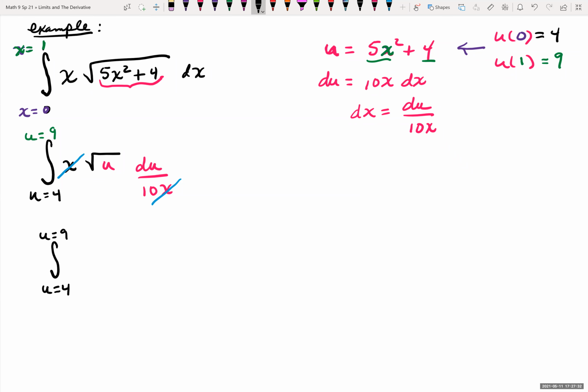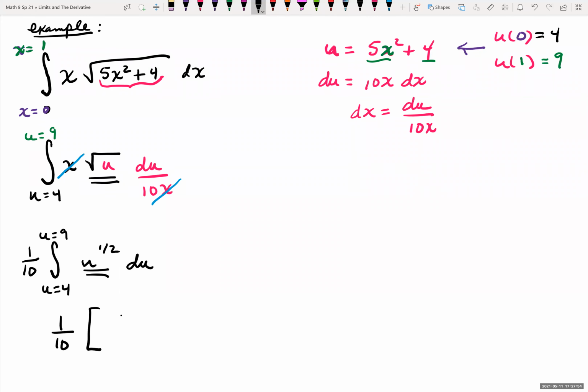Before I take the antiderivative, let's rewrite our integrand square root of u as u raised to the 1/2 power. And then we have this 1/10 in front, du. So this 1/10, you can pull it out front if you want, you don't have to, of the antiderivative of u to the 1/2.